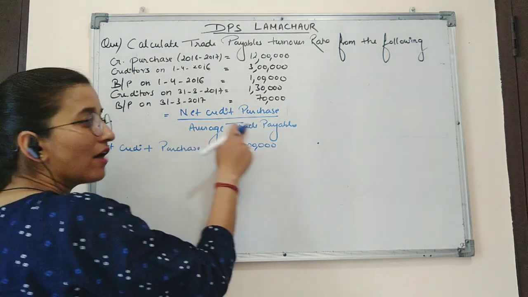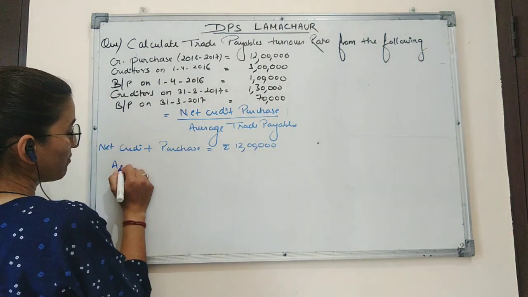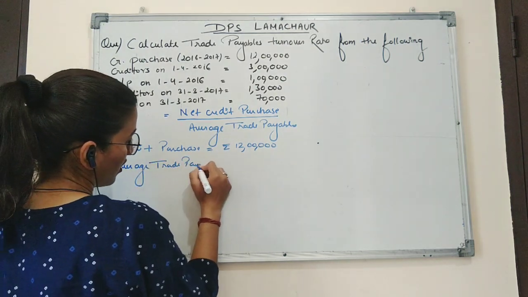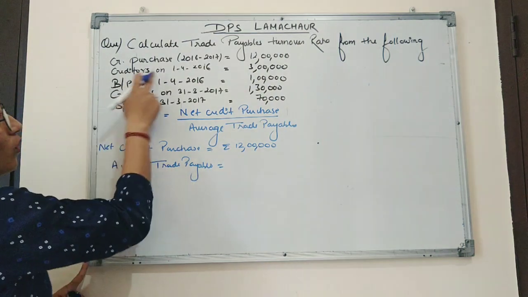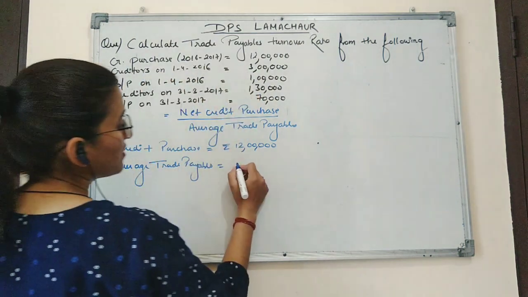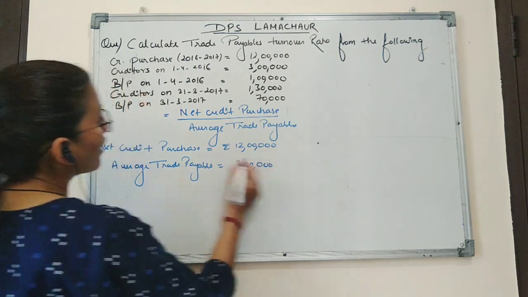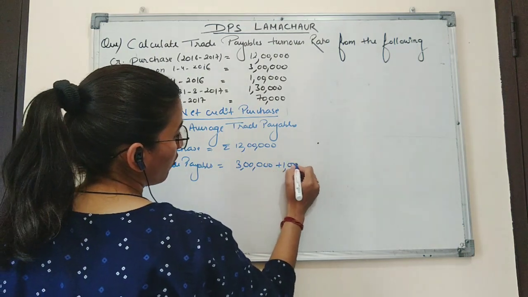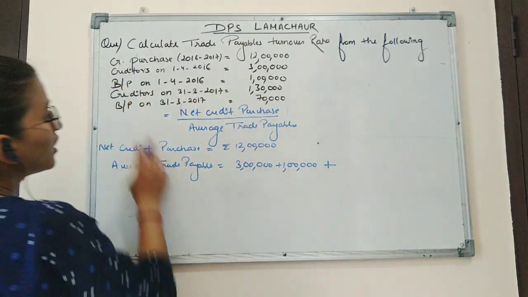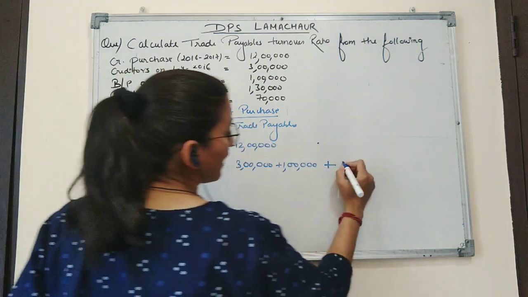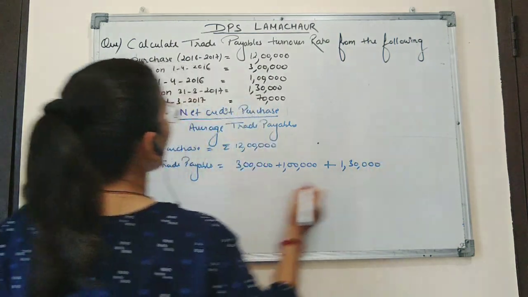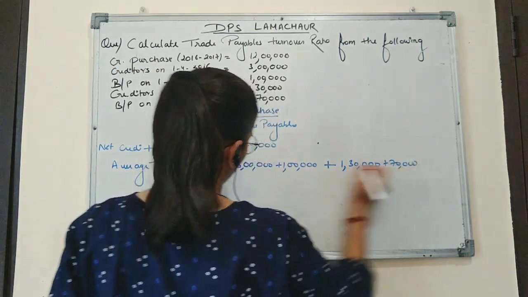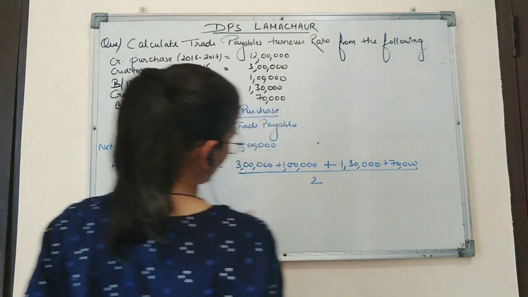Now average trade payables will be calculated as opening creditors is rupees 3 lakh and opening bills payable is 1 lakh plus closing creditors is rupees 1,30,000 and closing bills payable is rupees 70,000 divided by 2.